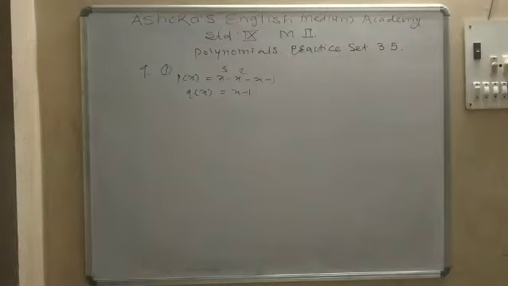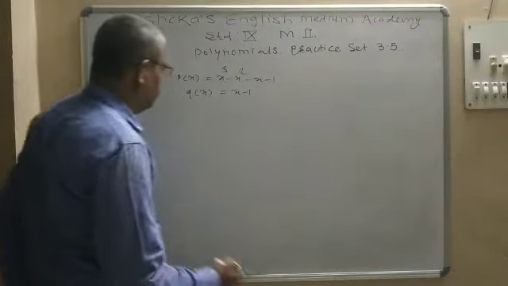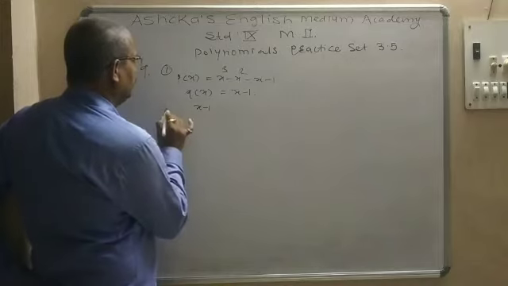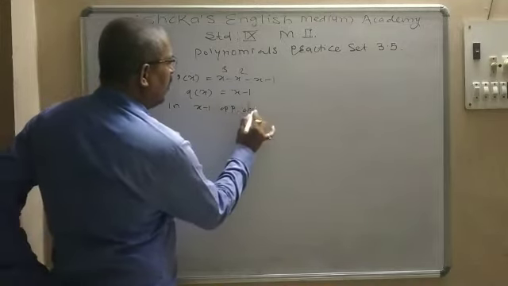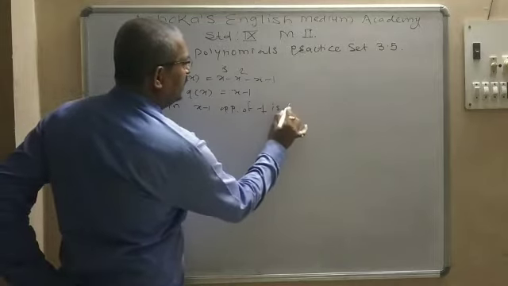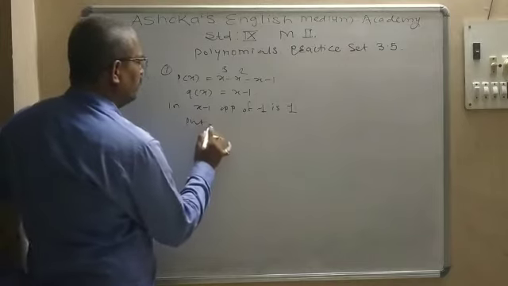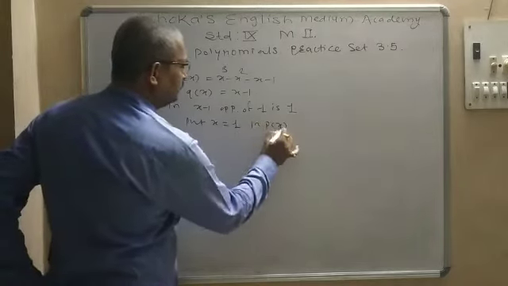Whether q(x) is a factor of p(x) or not, that we have to check. We will check it by the remainder theorem method. Therefore in x minus 1, the opposite of minus 1 is positive 1. Therefore put x is equal to 1 in p(x).